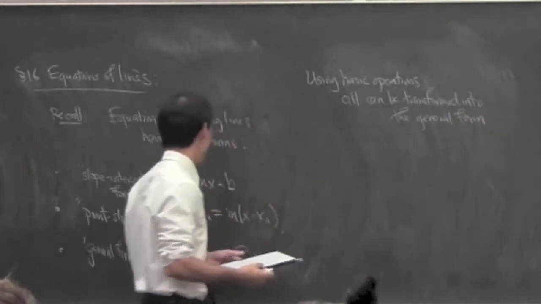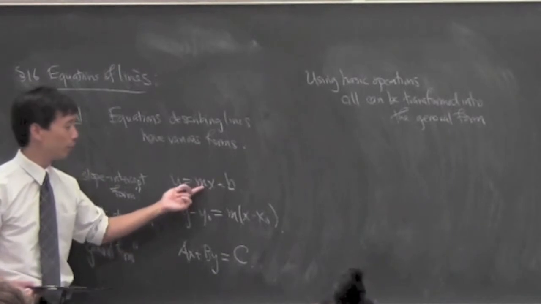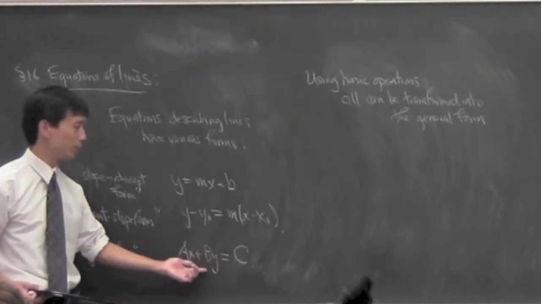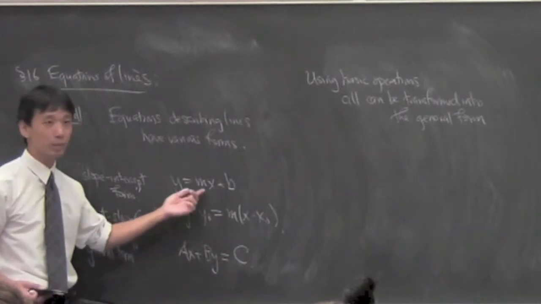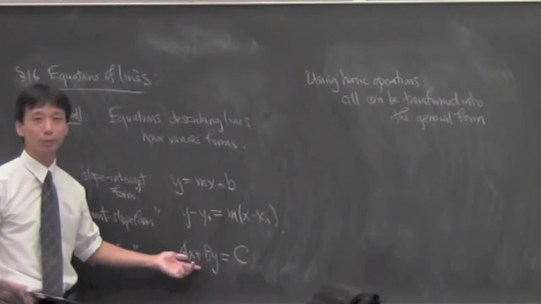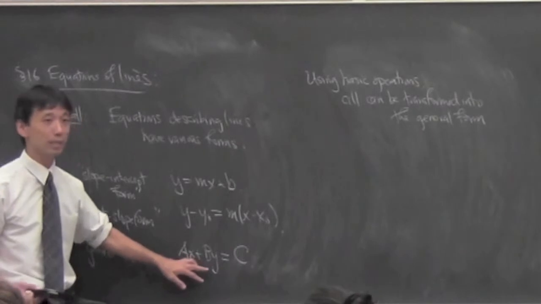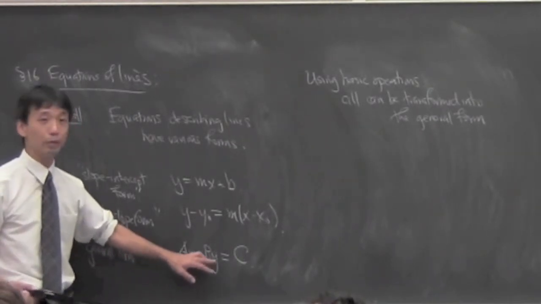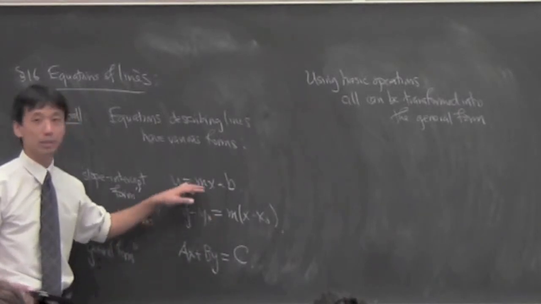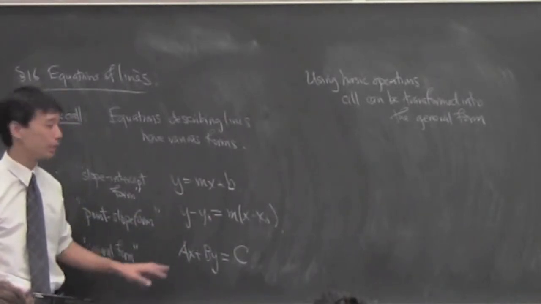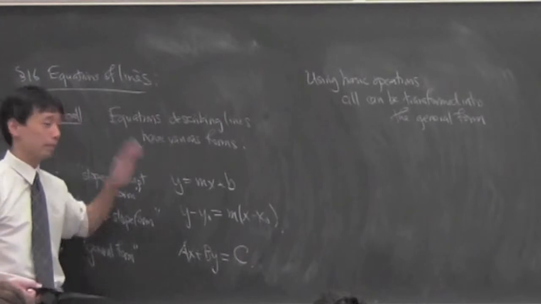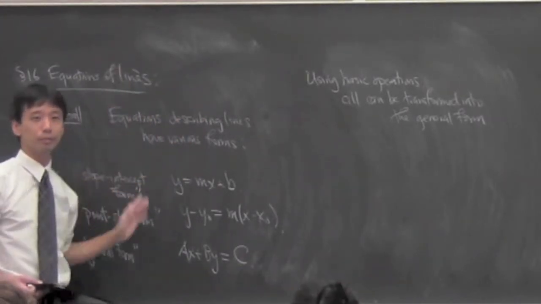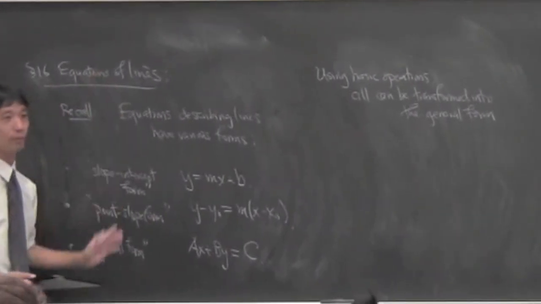If somebody gives you one in the point slope form, well, you can change it into the general form. If somebody gives you one in the slope-intercept form, you can change it into the general form. But like we just said, the opposite is not true. You could have something in the general form that is a vertical line, and then there's no way to describe it using these other two forms. So the general form includes all lines, and these two only lines that are not vertical. All lines except for the vertical ones.